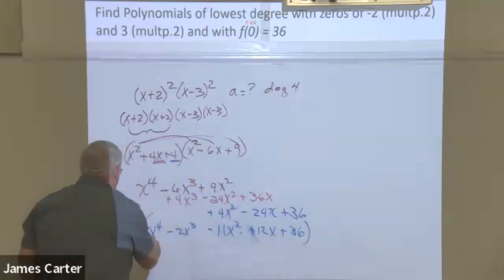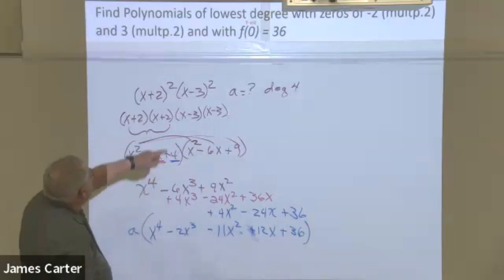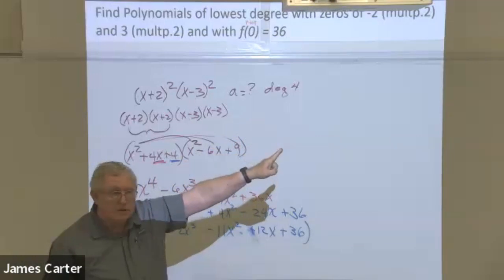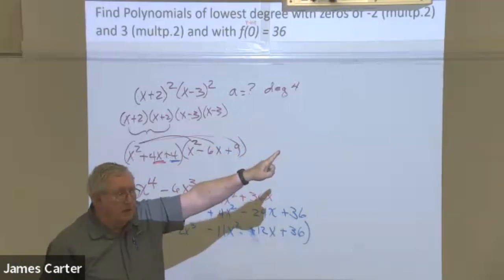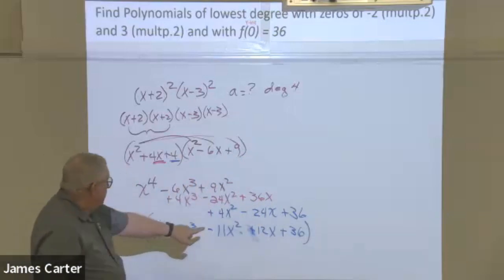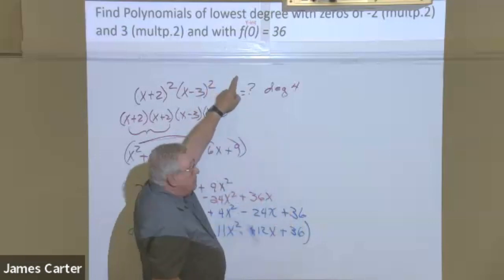Now, I've got all of this times the a term. But you know what? In this case, a already matches, so we got lucky. What is a? 1. Because 1 times this is 36.